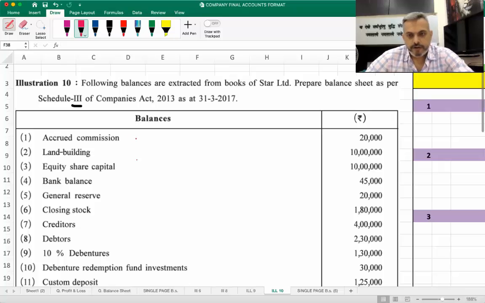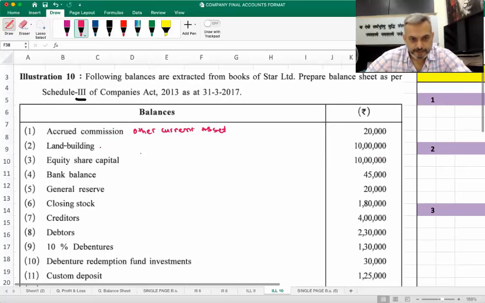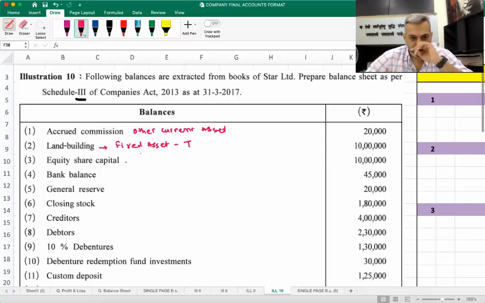Okay, so your accrued commission, we consider it as our receivable, and it's a receivable commission. So other current asset. So write other current asset. Land and building. Please write fixed asset. Tangible.